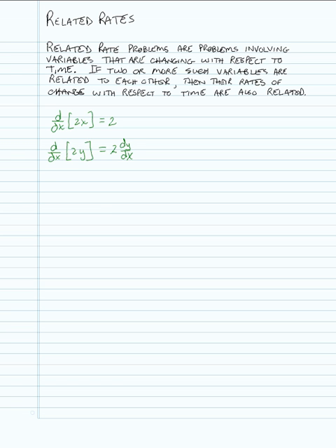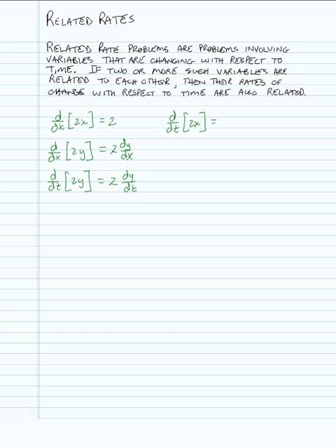Now, there's nothing so special about x here. We could be taking the derivative of 2y with respect to t. So we would say the derivative of 2y with respect to the variable t. Well, that'd be nothing more than 2 times the derivative of y with respect to t. But we could also find the derivative of 2x with respect to t. And the issue is that when the variable we're differentiating with respect to and the variable we're finding the derivative of don't match, then we have to use this implicit idea.